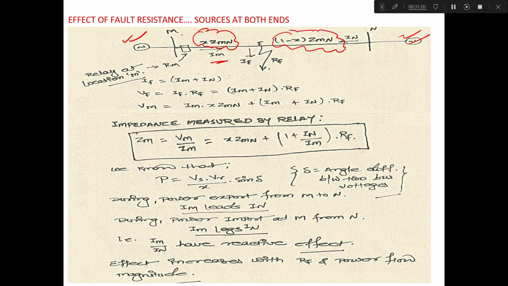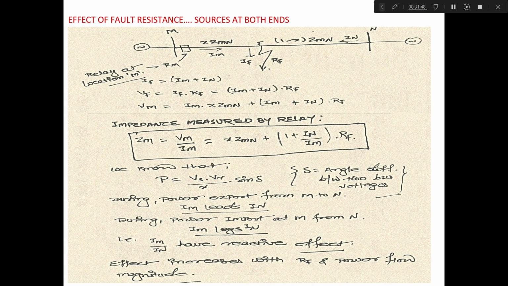IM is the current contribution from bus M, IN is the current contribution from bus N, and this RF is the fault resistance. So now IF will be IM plus IN. So VF is equal to (IM plus IN) times RF. VM is equal to IM times X Zmn plus (IM plus IN) times RF. So VM by IM, that is the impedance measured by the relay, will be X times Zmn plus (1 plus IN by IM) times RF.